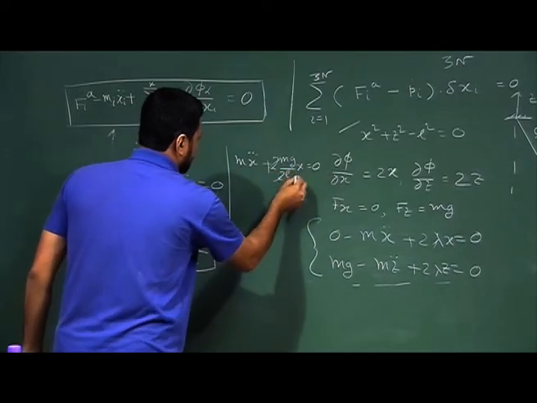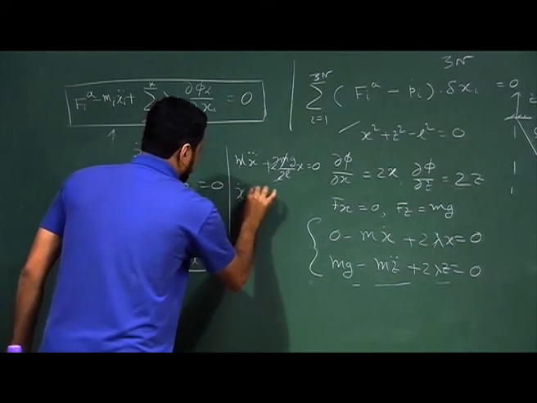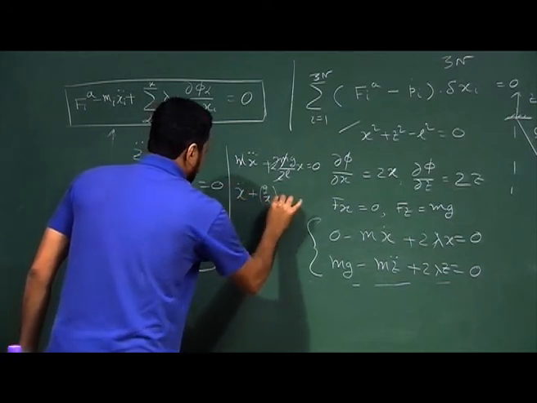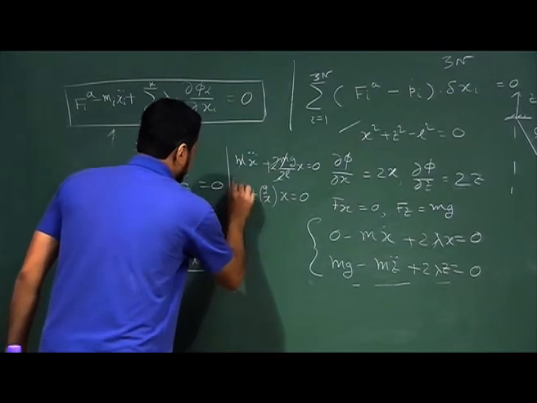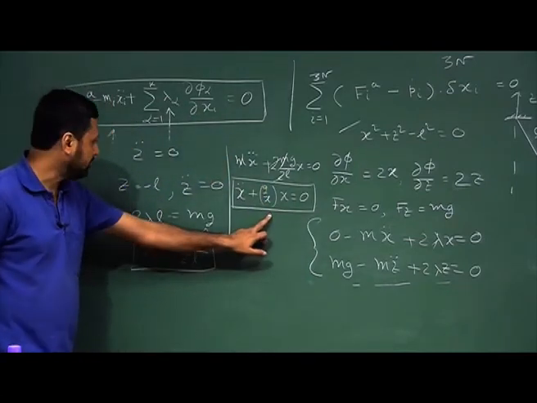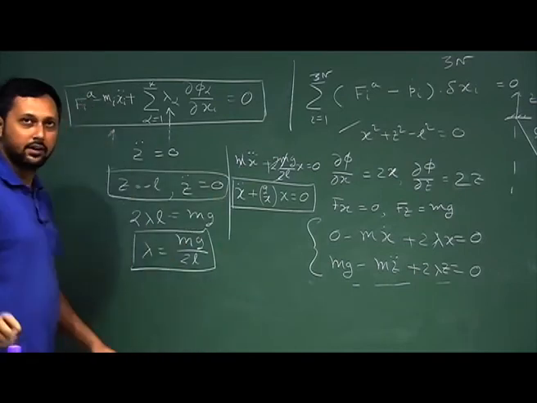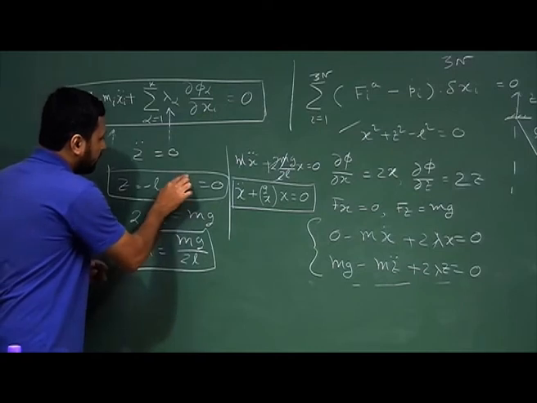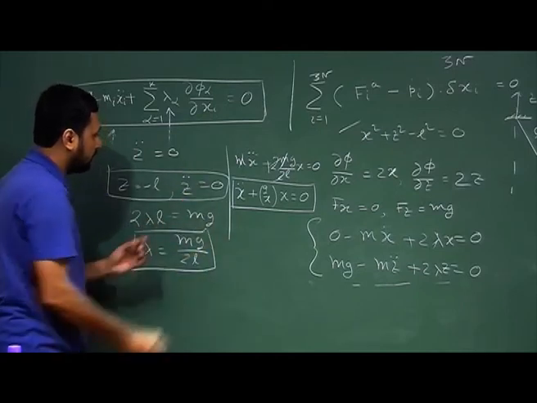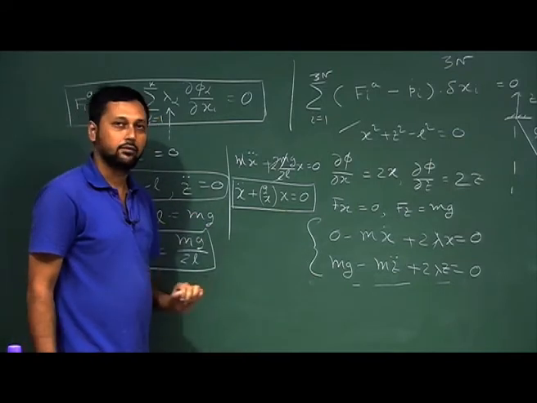The 2 goes, m cancels, which gives x double dot plus g by L x is equal to 0. So, we got back the standard equation for the simple pendulum, again under this set of approximations. We have to make this approximation, because otherwise our pendulum is not a simple pendulum and this equation is not valid.